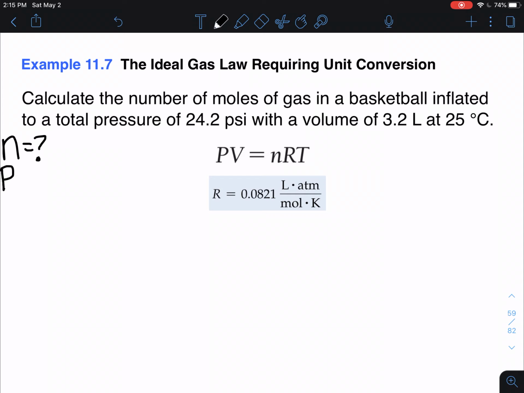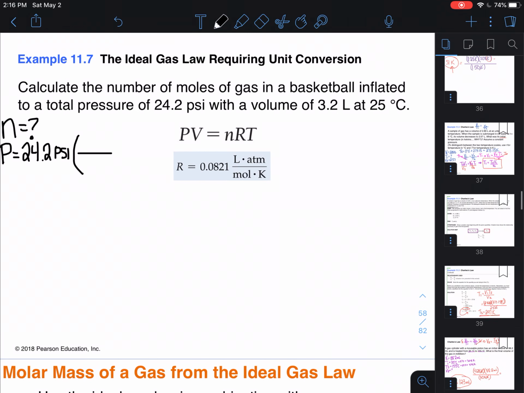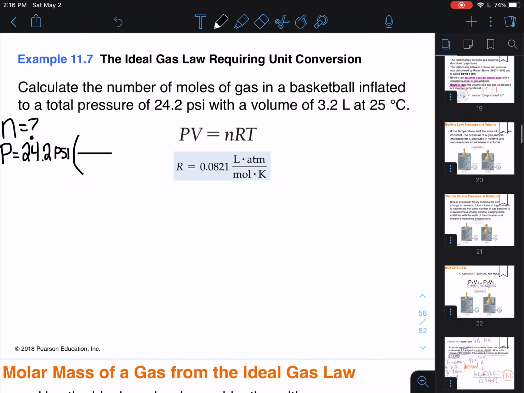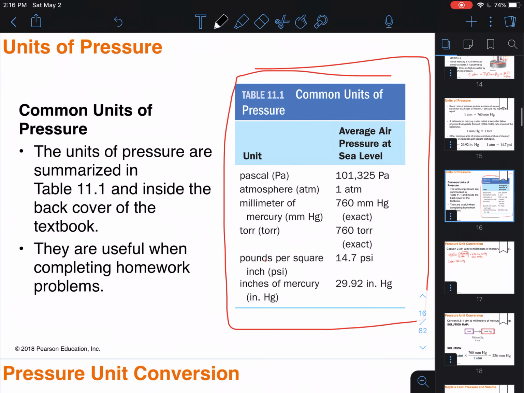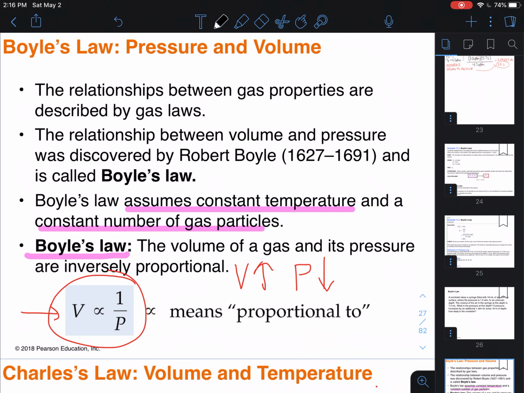Pressure is 24.2 psi. What you're going to have to do is convert psi to atm. Because I don't have that conversion memorized, I'm going to look at the table I have at the beginning of this lecture. 1 atm is equal to 14.7 psi.